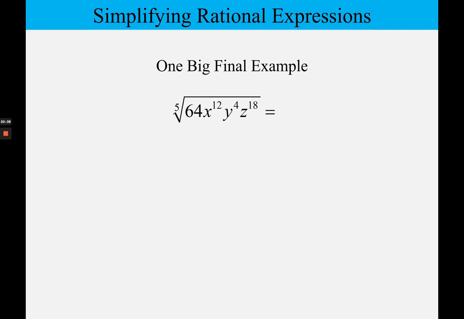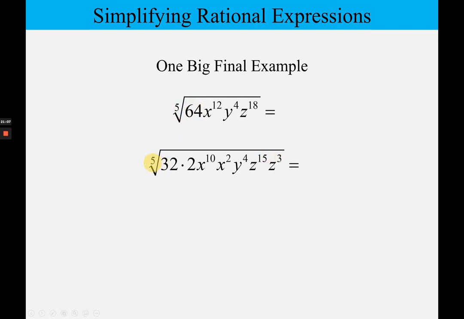Looking at your power of 5 table, you have 32 times 2. x to the 10 came from the factors of x to the 12, by separating 12 into 10 plus 2. y to the 4 is unchanged because it does not simplify with the fifth root, but 18 does, which is 15 plus 3, because 15 is divisible by 5.